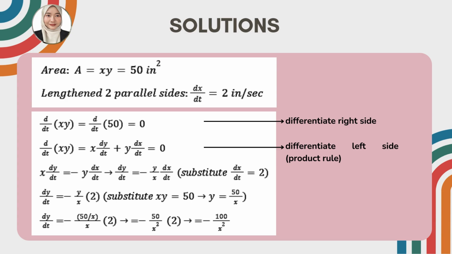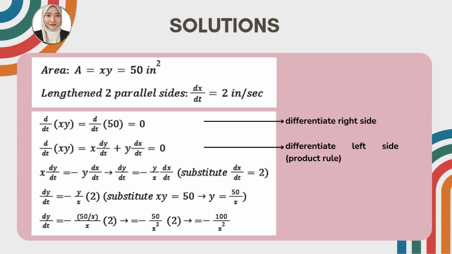Given from the question, the area of the rectangle A equals xy. Area is constant, so A equals xy equals 50 inch squared. Next, we differentiate both sides, d(xy)/dt equals d(50)/dt. The right side becomes 0 because 50 is a constant.